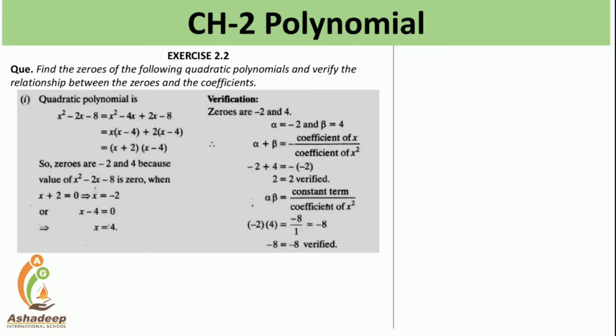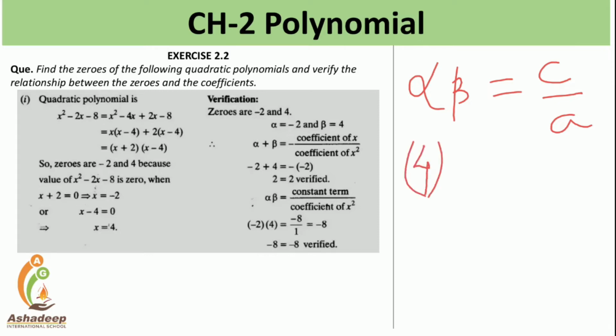Now let's go with the multiplication. Alpha into beta is equal to c by a. What is alpha? Alpha is minus 2 or 4. So I'll take 4 here, and minus 2. What is c in this equation? We have to consider the sign, so here it's minus 8.